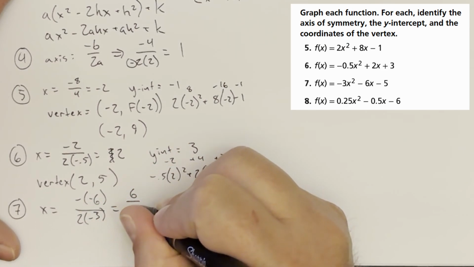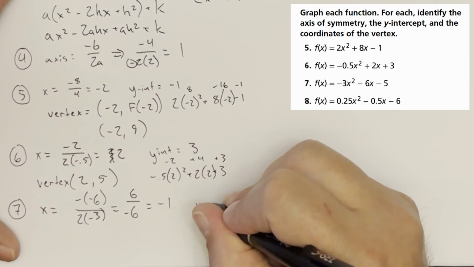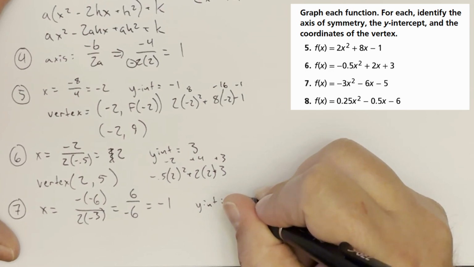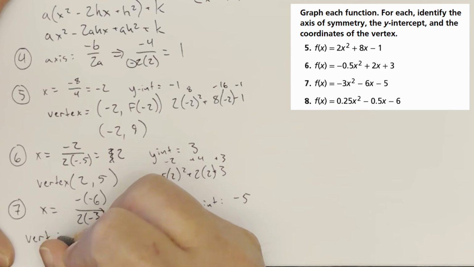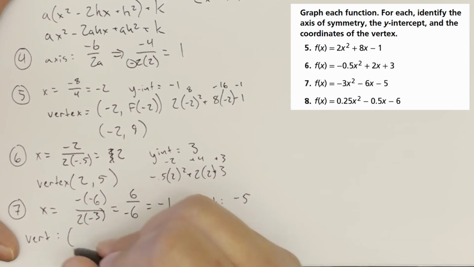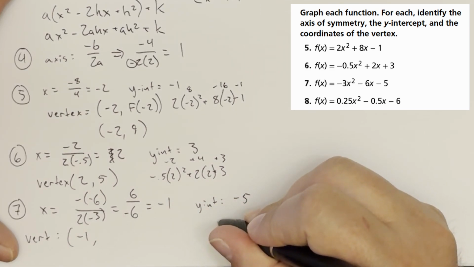Next one, same thing. Negative b. This time b is negative 6, so we get negative negative 6, which is positive 6, divided by 2 times a, which is negative 3 times 2, which is negative 6. So we get a negative 6 on the bottom, 6 on the top, which gives us negative 1 for the axis of symmetry. The y-intercept is negative 5.